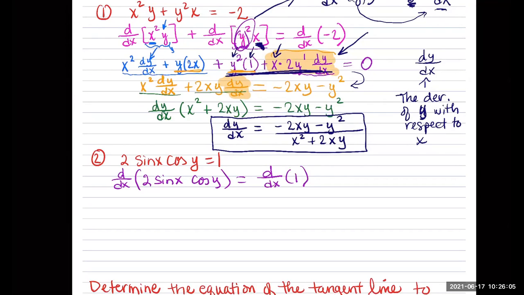On the left-hand side, notice that we have a product, so we have to use the product rule. 2 sine x is our first function, cosine y is the second function.